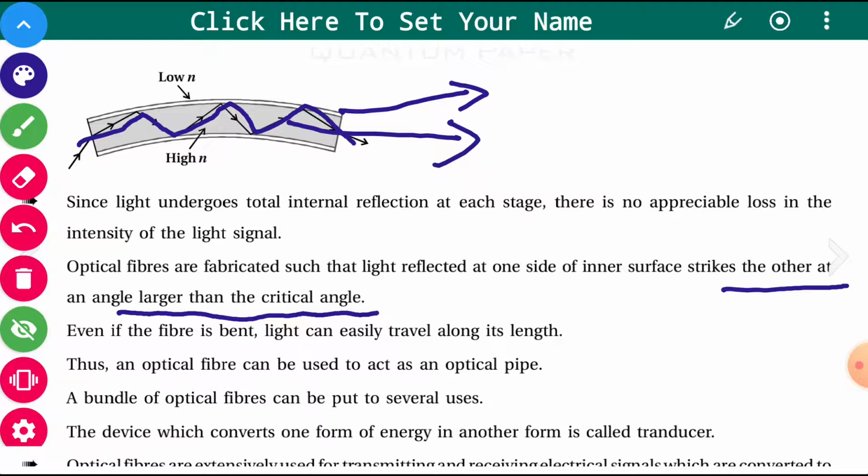Even if the fiber is bent, light can easily travel along its length. Thus, an optical fiber can act as an optical pipe.